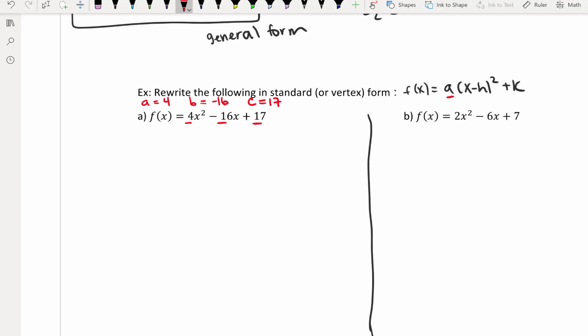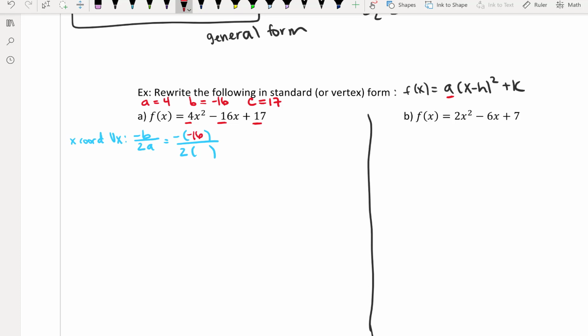The other thing I need to understand is my H and my K. So how do I find my vertex? Well, I'm going to find my vertex by plugging in the formula. So the x coordinate of the vertex is negative b over 2a. So negative b over 2 times my a value. What I'm plugging in for my b is negative 16.